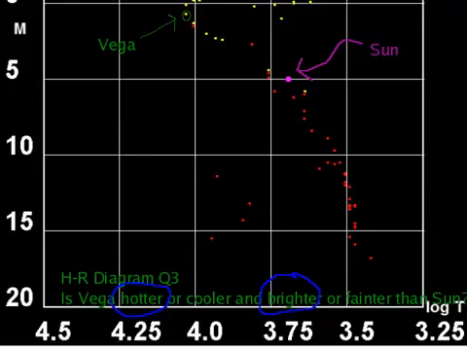Okay. Let me write a couple of comments to that. So hotter because Vega has a higher temperature. So I'm going to write that up here. Because it has a higher temperature and a higher log T, that's why Vega is hotter.